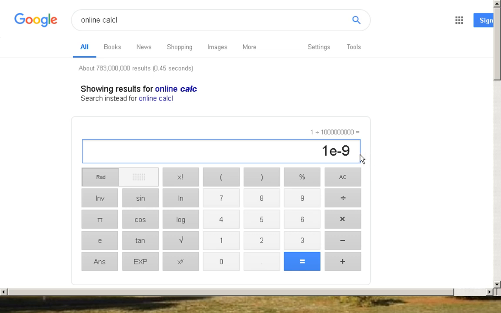One times 10 to the minus 9, 10. This becomes 10 times 10 to the minus 10.